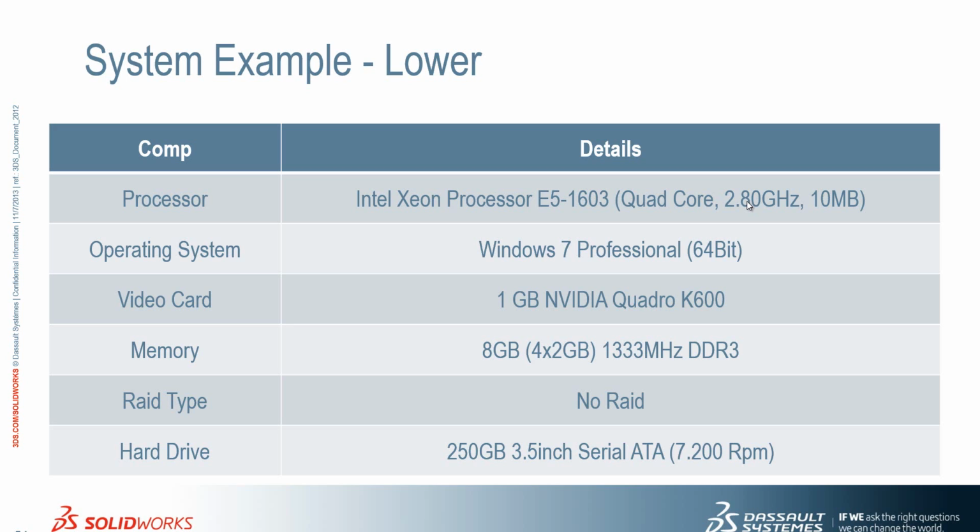But normally for a lower end, you'd probably use an i7 or an i5, 2.8 gigahertz, Windows 7 or above, minimum of 1 gig NVIDIA Quadro K600, so Kepler 600. Memory, 8 gig minimum. No RAID is found in this machine. It just has a standard hard disk, 250 gig, and even that's probably quite small.